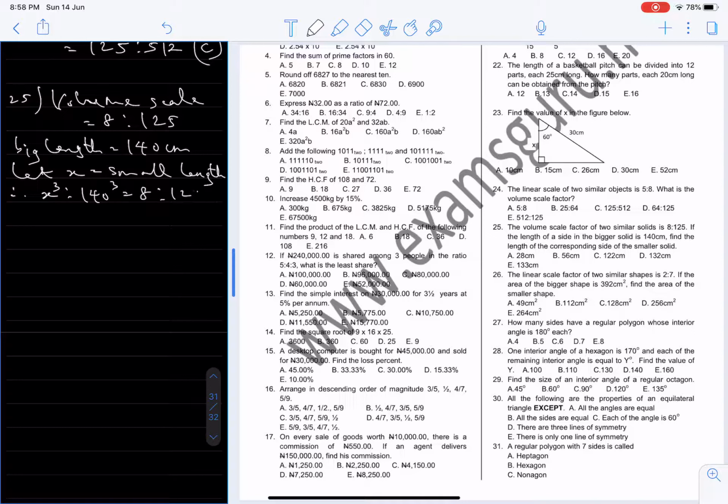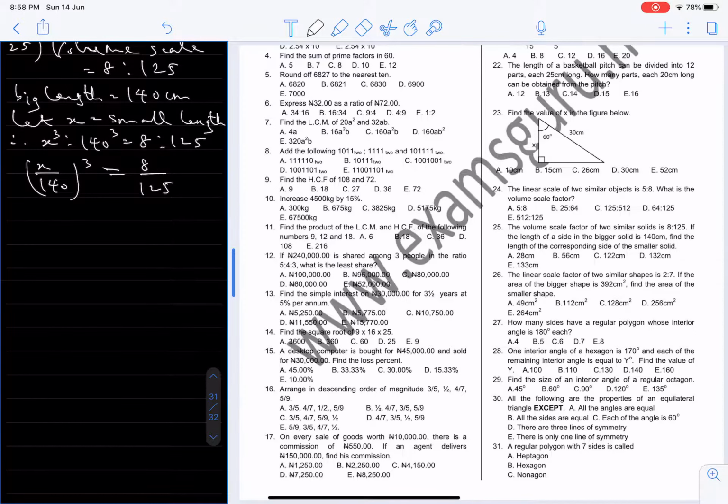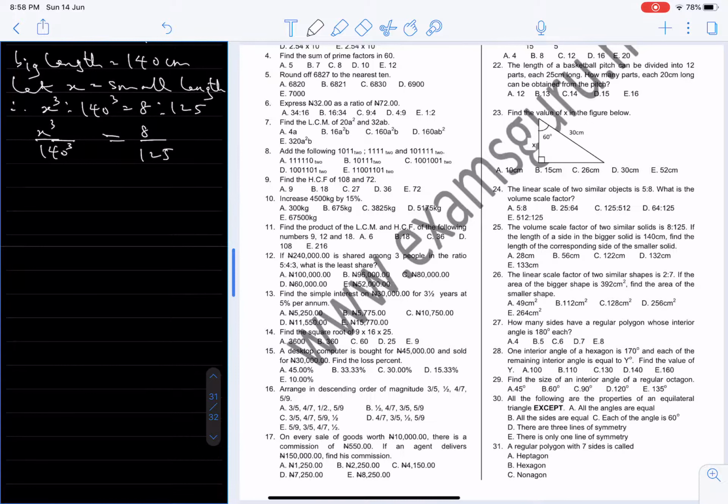Volume is a cubic function, so we can write this as x over 140 raised to power 3 is equal to 8 over 125. That's writing the ratios as fractions. x cubed over 140 cubed is equal to 8 over 125, and this is the same as x over 140 all cubed is equal to 8 over 125.